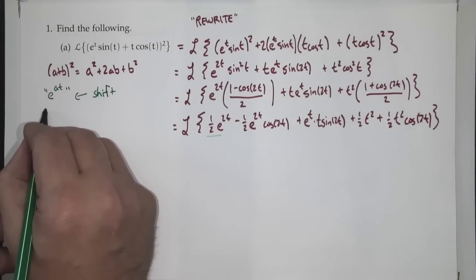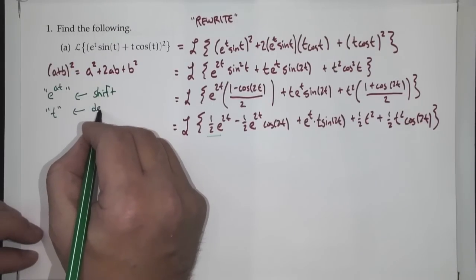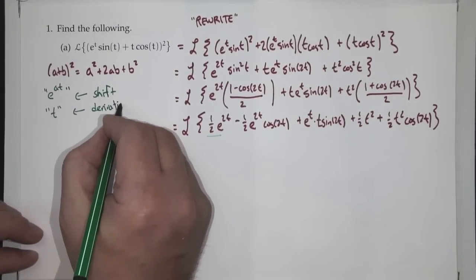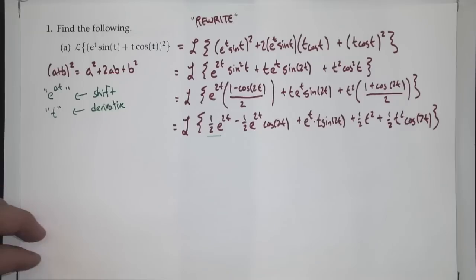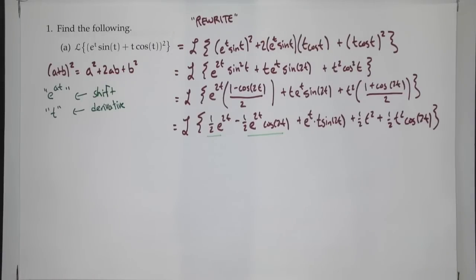When you see t, well, oftentimes that's associated with the derivative if you don't have something else already being used for that. So just e^(2t), no problem. We've got ways to handle that. This e^(2t) cos 2t, again, we can handle cosine. The e^(2t) tells us there's a shift. Life is good.